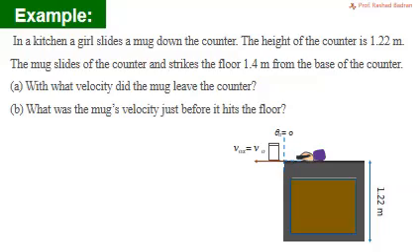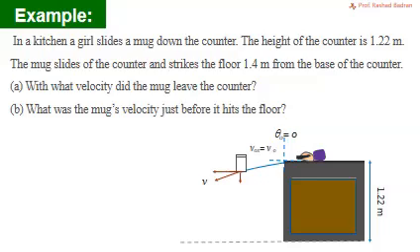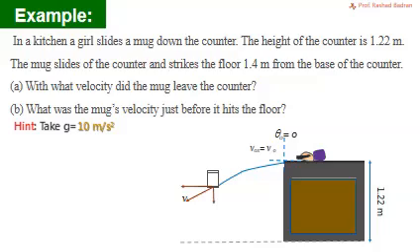As the mug is pushed horizontally, it means the initial angle of projection is 0, and in this case V0x is equal to V0. The mug goes down with a parabolic trajectory, and then further down and down where the velocity is increasing.